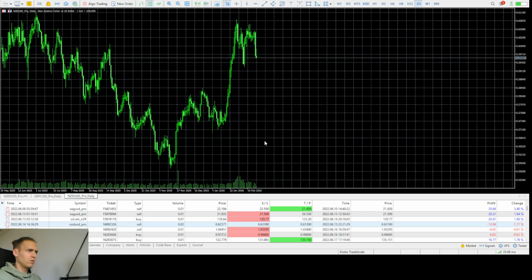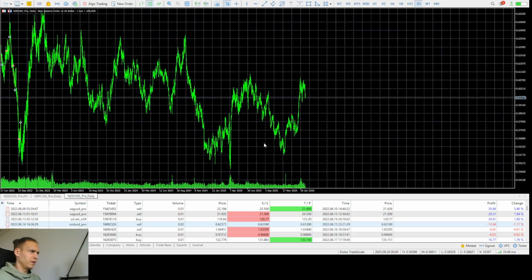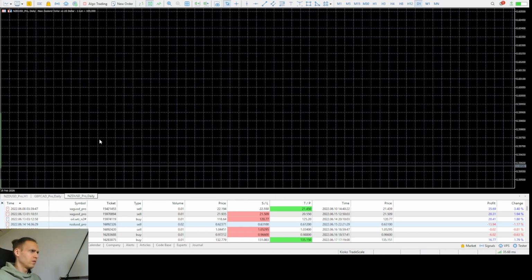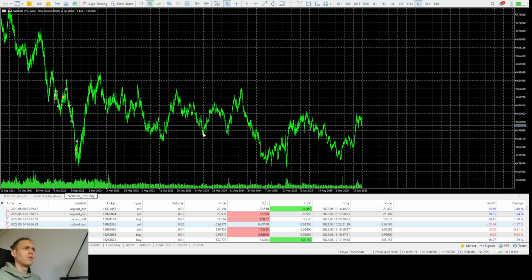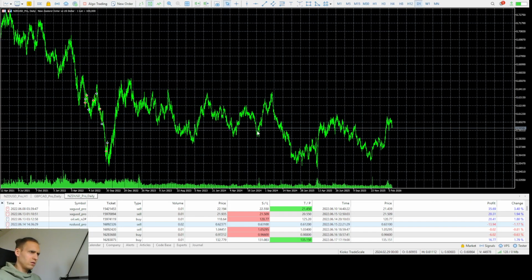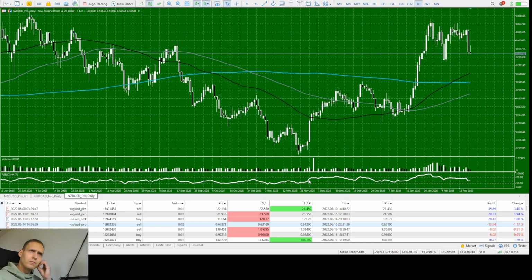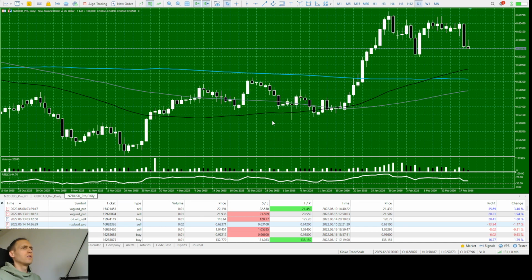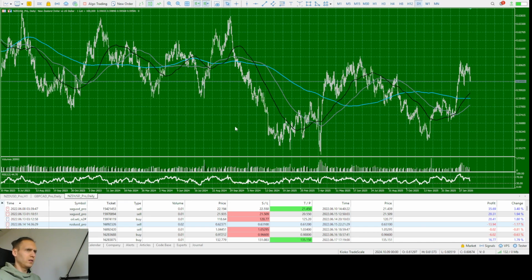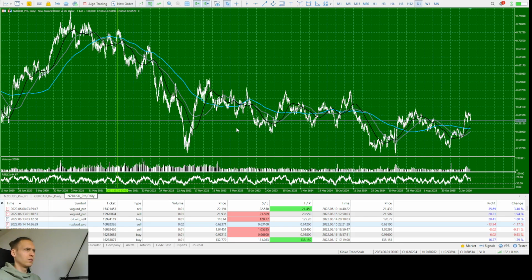For some reason it's confusing for me. Let's change it to green, white, black. And we're probably going to have some idea about what is happening on the market with the chart. So NZD USD sell.